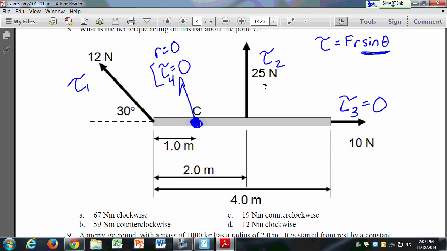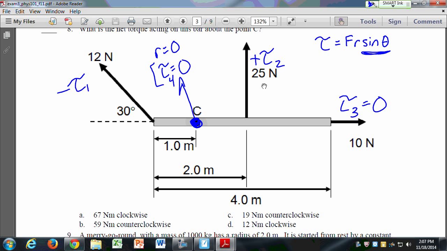This force causes it to rotate clockwise, which is negative. Torque 2 is positive and torque 1 is negative. So that's the next step, determining which ones are positive or negative torques.